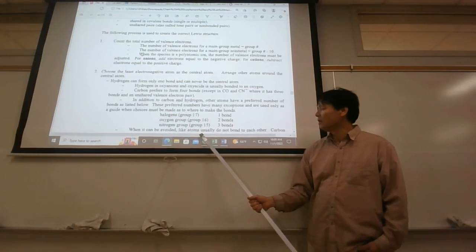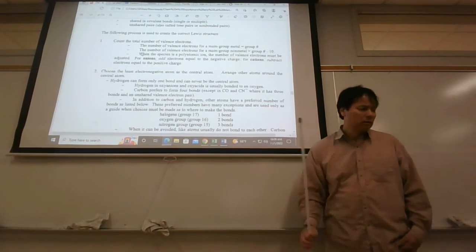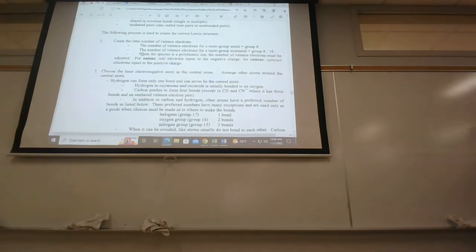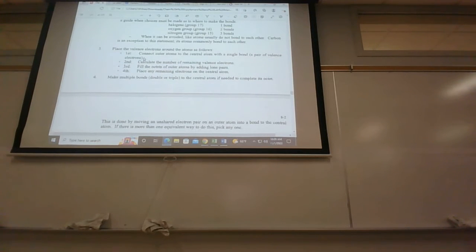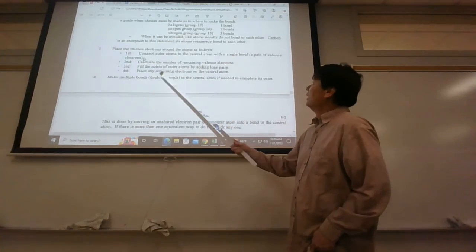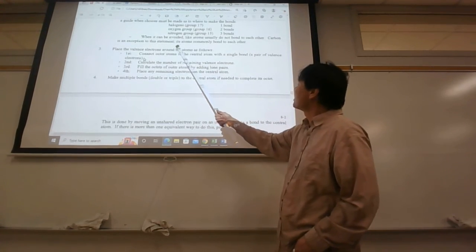When it can be avoided, like atoms usually do not bond with each other unless it's carbon. Carbon is the exception to this statement.